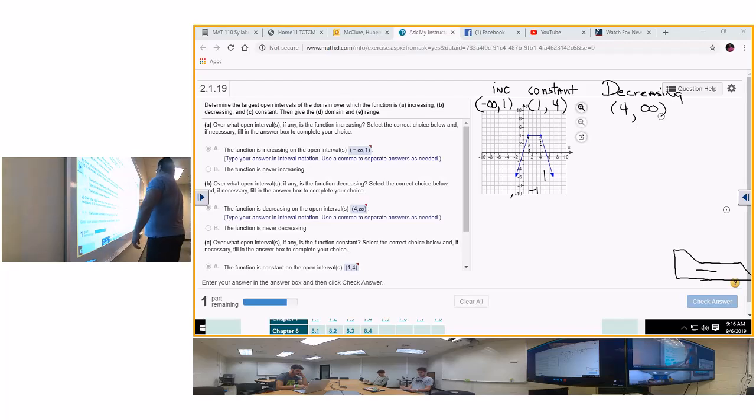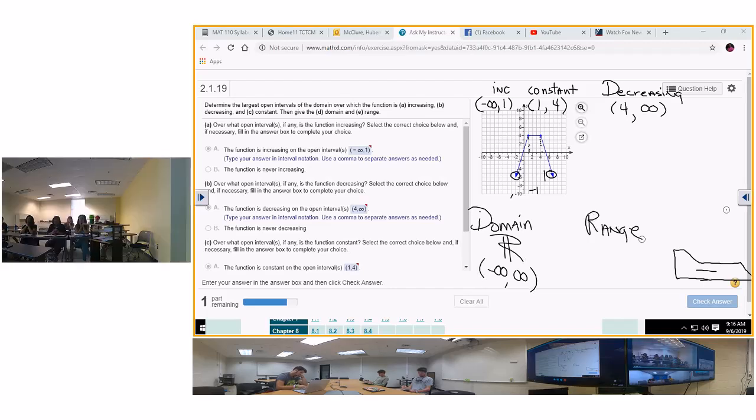Domain on this function, since you have arrows, the domain is all real numbers, or negative infinity to positive infinity. Range, negative infinity to 4.